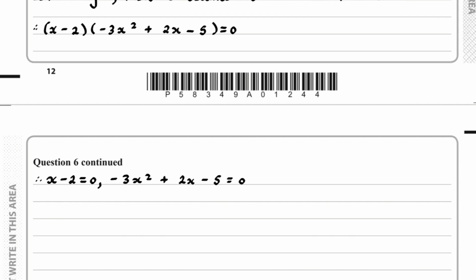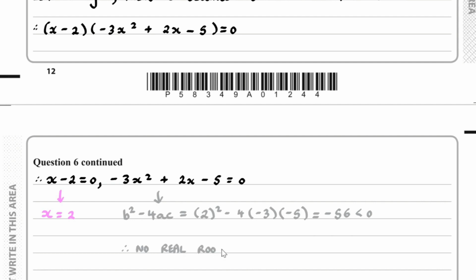And so from here, we can see x is equal to 2. Now from here, what we can do is use the discriminant. And if I use the discriminant, I've got b squared minus 4ac. I've got 2 squared subtract 4 times negative 3 times negative 5. And that's negative 56. And because the discriminant is less than 0, for this quadratic equation, we can therefore see we've got no real roots.